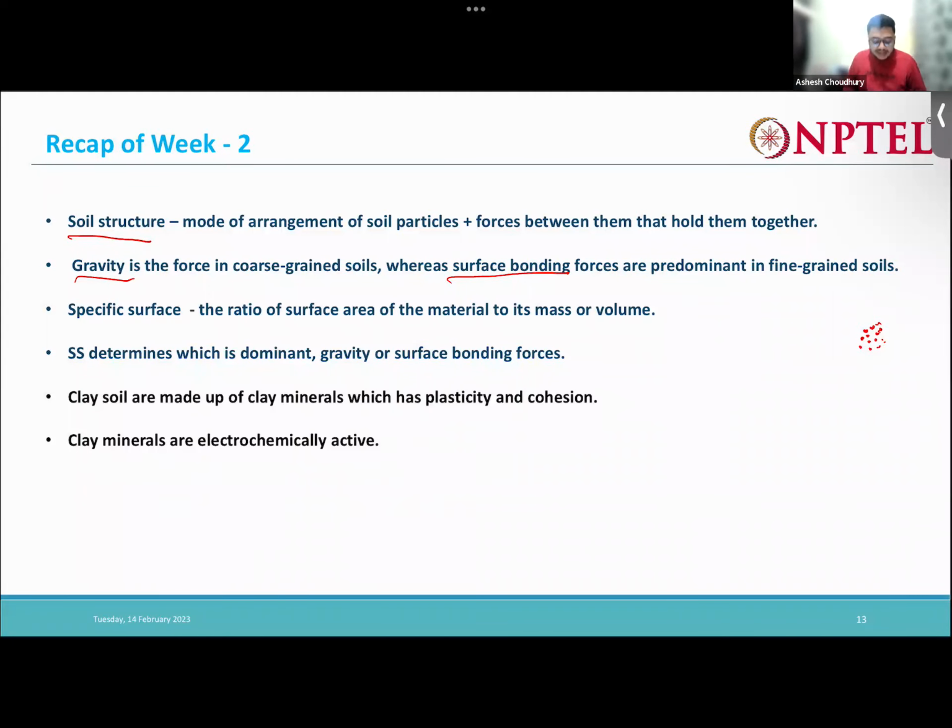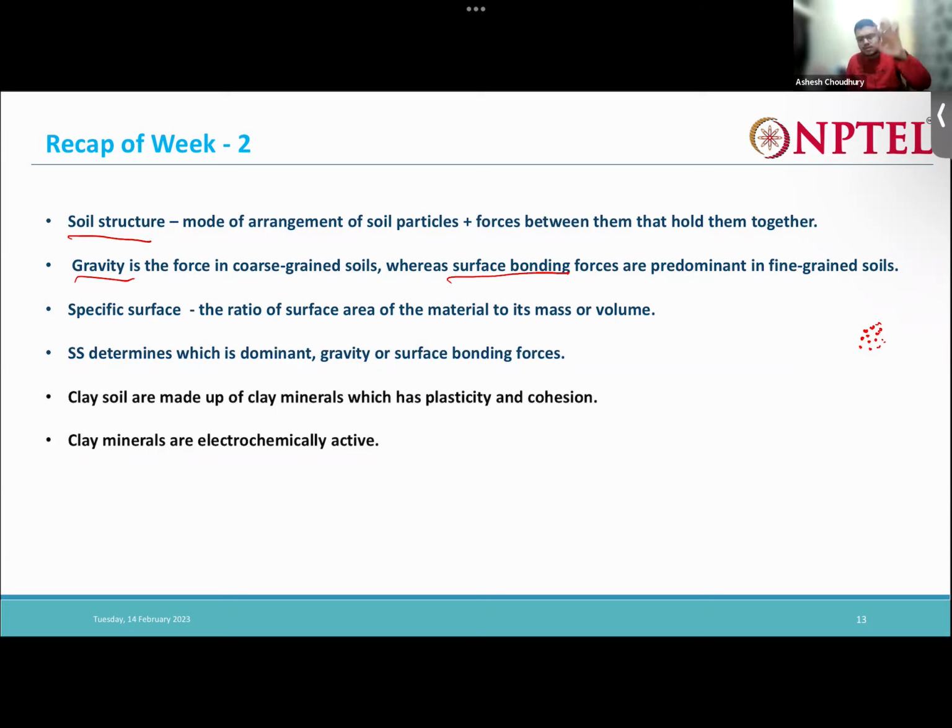Then what is the specific surface? The specific surface is the ratio of surface area of the material to its mass or volume. Say you have 1 meter cube of sand and you have 1 meter cube of clay. Obviously, if you sum everything, the specific surface for the clay will be very high, because the particles are very small.